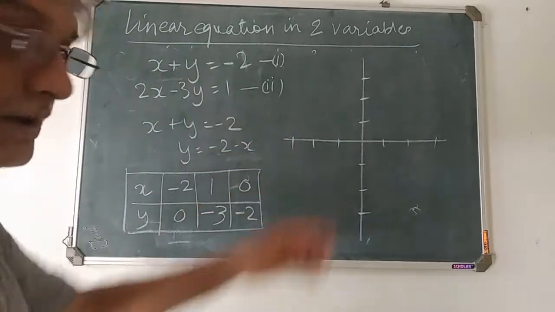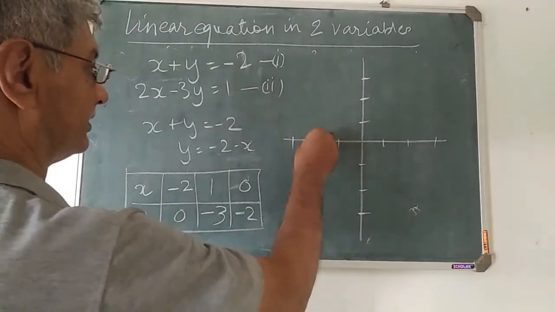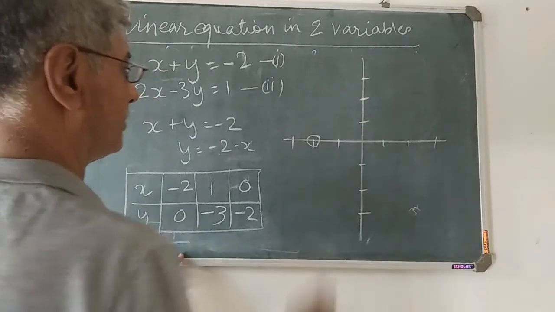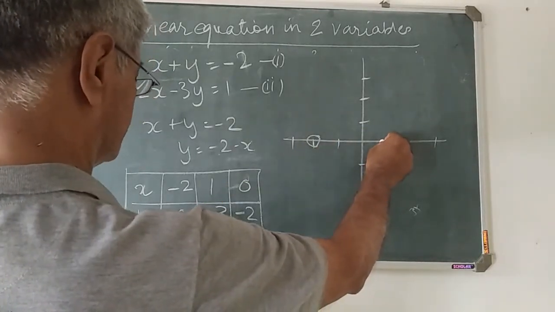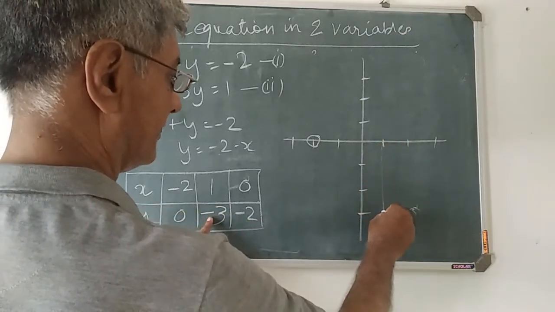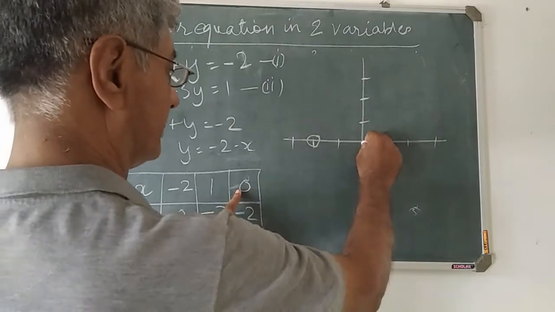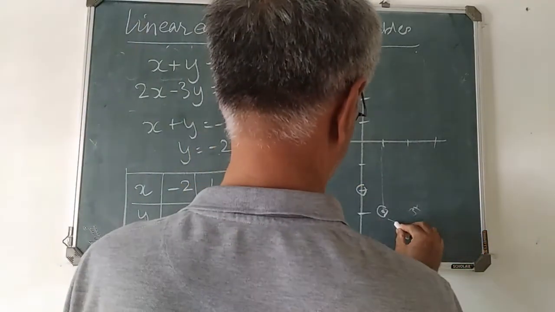Let us plot this here. Simple. x is equal to minus 2, y is equal to 0, which is this point. When x is equal to 1, y is equal to minus 3, this is the point here. If x is 0, y will be minus 2, which is here.